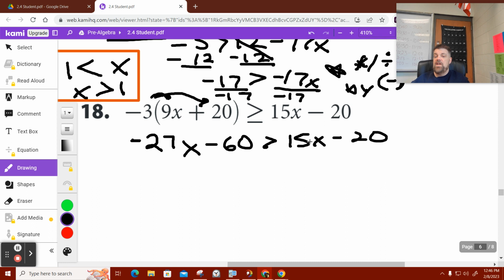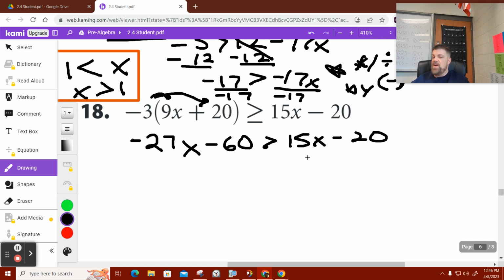So do the math in your head. You have two choices basically. You divide by 15 or you subtract 15x. It's one or the other. I cannot subtract 15 because it's not a like term. I could subtract 15x. What's 15x minus 15x? 0. That eliminates it on this side.